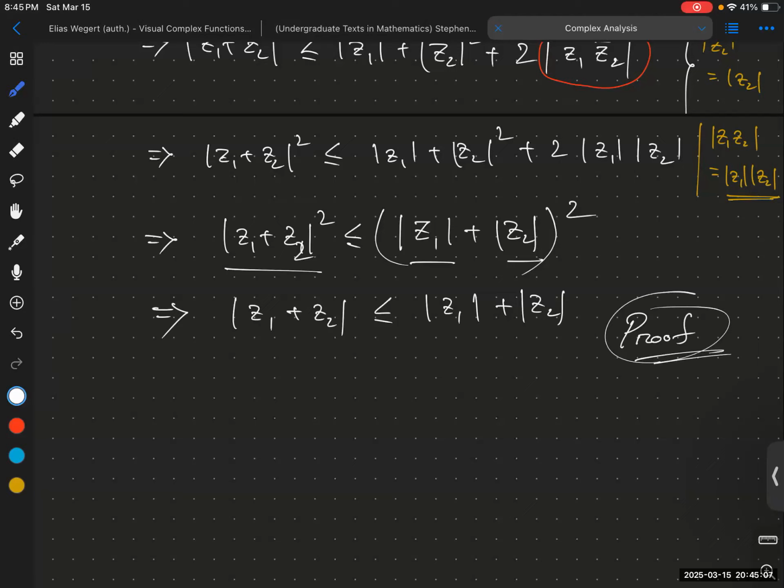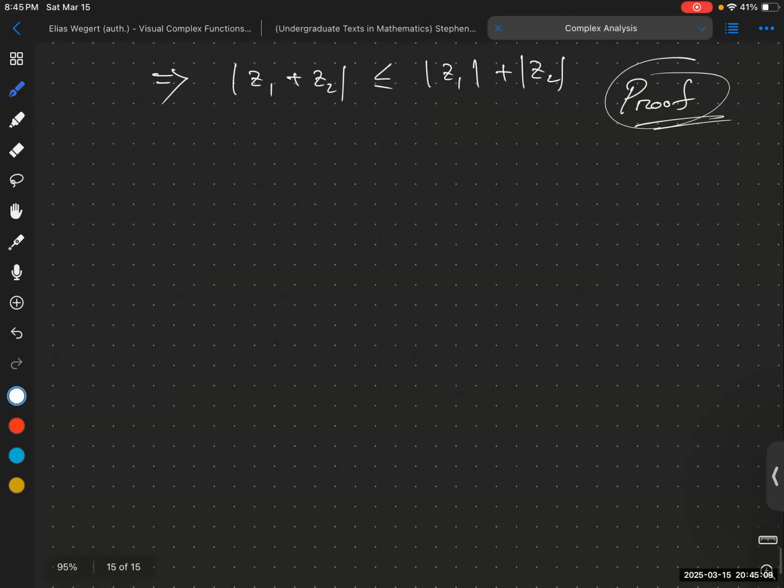So we can also prove this geometrically.